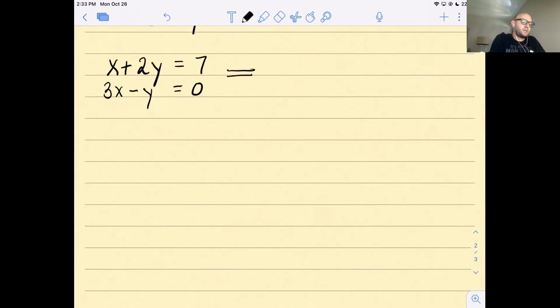The first step is, can you please write this as an augmented system? Let me know when you've got it. Now we're going to do the systematic approach of Gaussian elimination. This is something you could technically program a computer to do step by step.